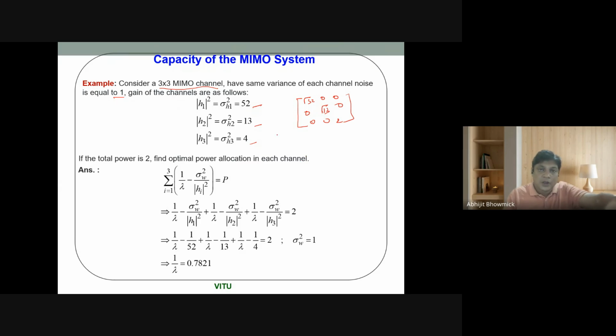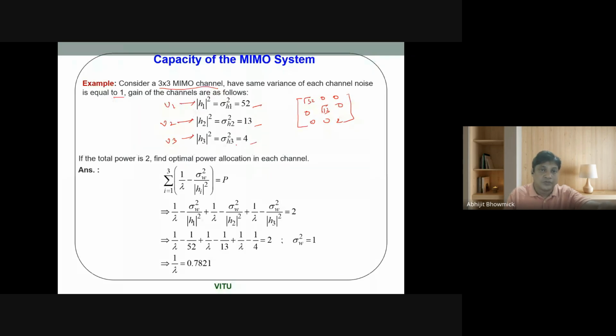Now see here, the total power is 2, and you have to allocate it among these 3 users. This is for U1, this is for U2, and this is for U3. I have to allocate the power among U1, U2, U3.